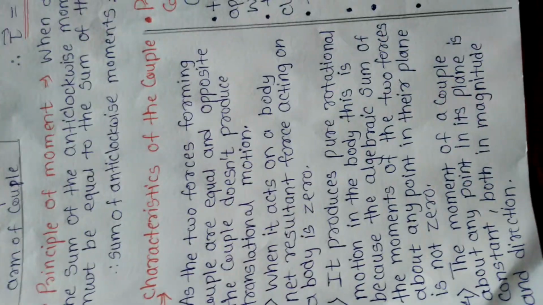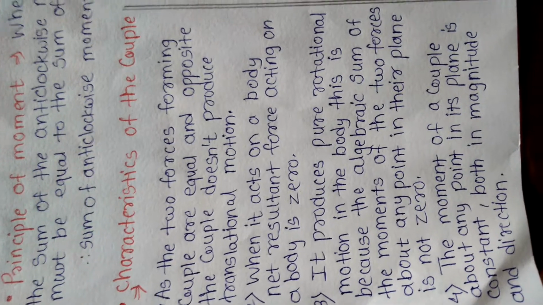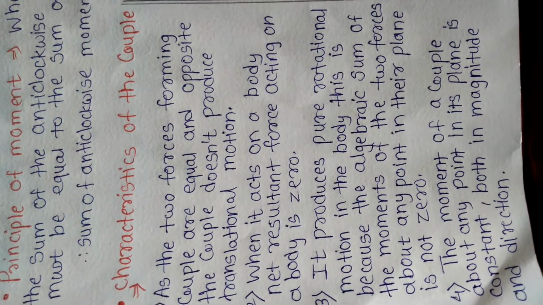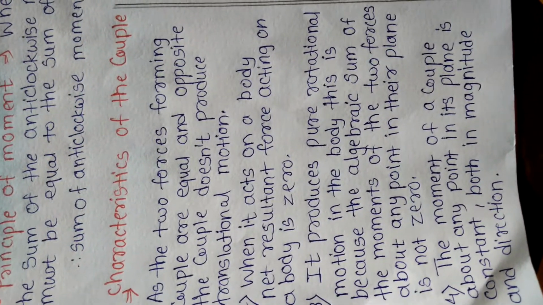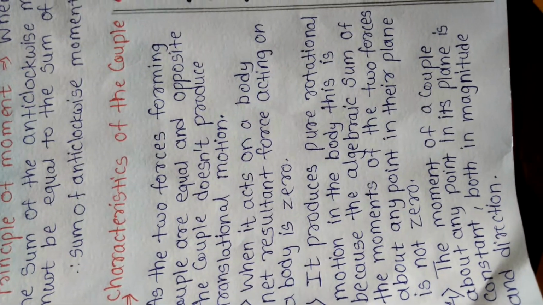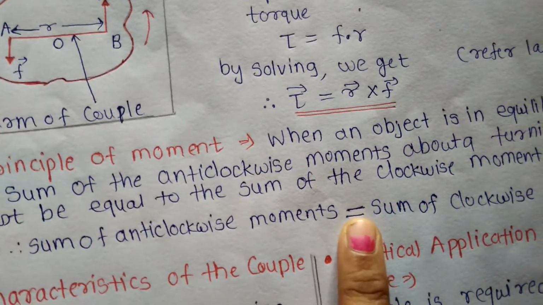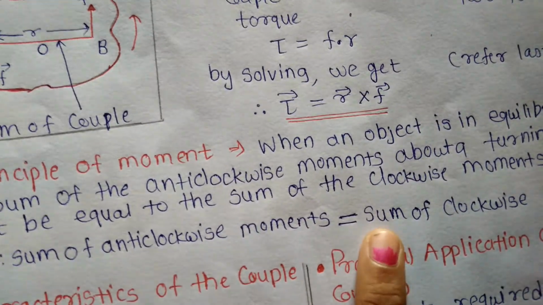Third, it produces a pure rotational motion in the body. This is because the algebraic sum of the moments of the two forces about any point in their plane is not zero. Here the anti-clockwise and clockwise moments are equal in direction sense, but the sum is not zero.